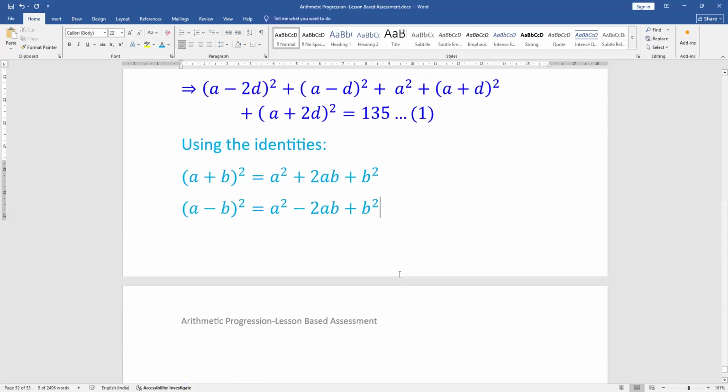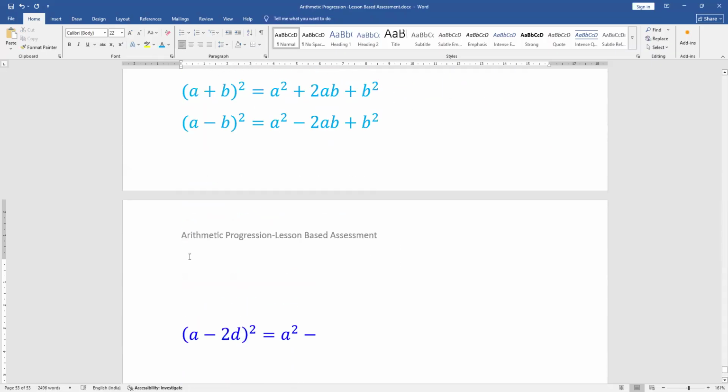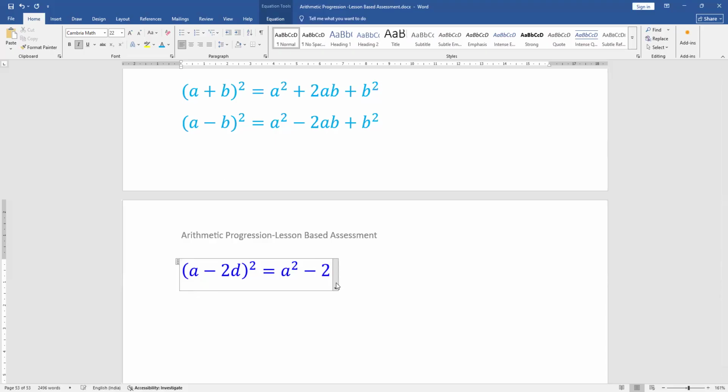Okay. Now what I do is, as I told you, I'm going to square each of these individual things. So a square minus 2ab. So minus 2ab is 2 into a into b. B is nothing but 2d. Okay. Plus (2d) square, not 2d the whole square.